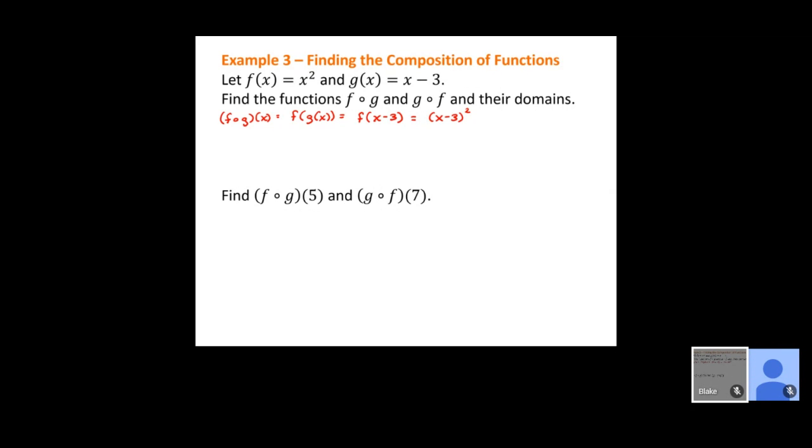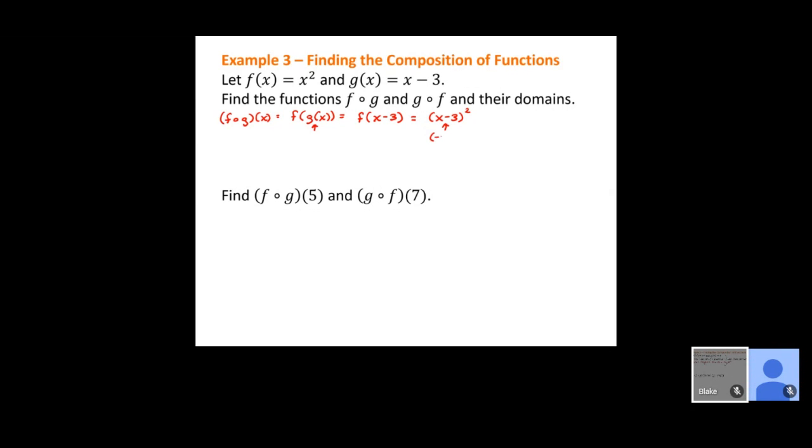All right, now, in terms of finding domain for these, we have to look at our final answer, but we also have to consider the inside function. So I'm looking at the g of x function and the final answer this time. Are there any restrictions on the final answer, the x minus 3 squared? No, right?